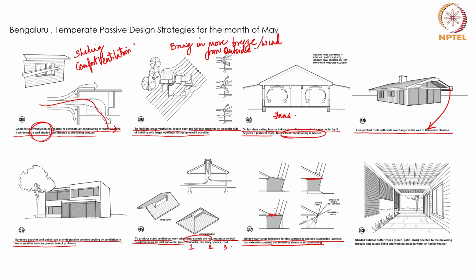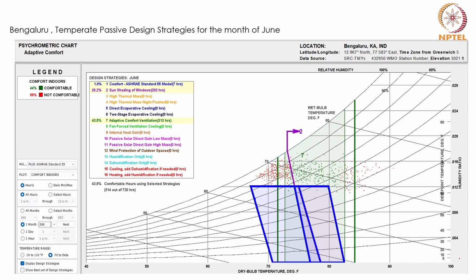So, the awning can be this much for a particular month, or it can extend in such a way that you are able to shade the window. Shaded outdoor buffer zones like porch, patio, lanai oriented to the prevailing breezes can extend living and working areas in warm or humid weather.